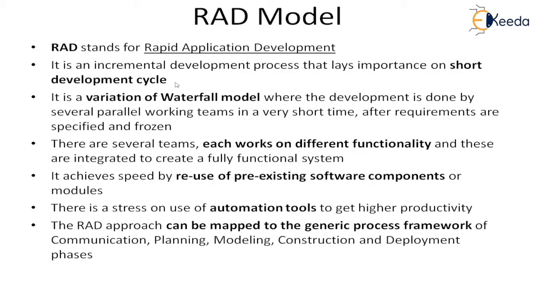In the previous case, the focus was on the business value, how we select the increment scope based on the increment's business value. Here, the focus is something different. The customer is in a hurry to get the system, so short development cycle is the major parameter on which we have to focus.